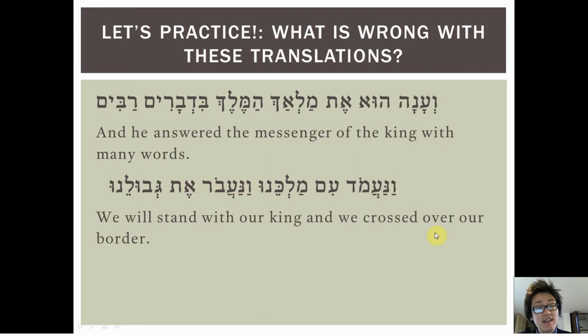So actually the second verb is translated correctly. Vana'avor et gevulenu, and gevulenu being the gevul, which is the word for border or boundary, and it has the possessive pronoun nu attached, our border.